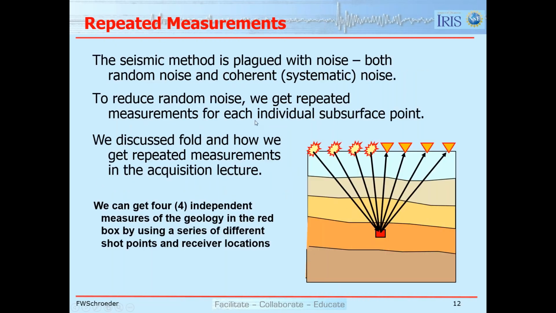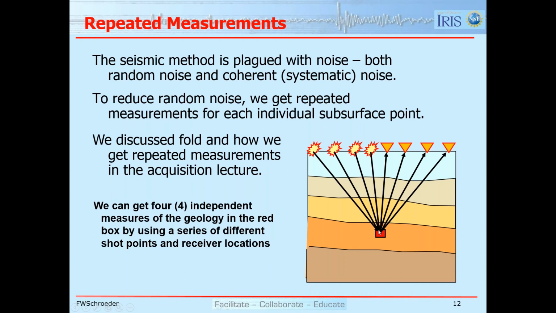I talked about the seismic method in a couple of the earlier lectures. The seismic method is plagued with noise, both random noise and coherent or systematic noise. One way we can reduce the random noise is to get repeated measurements for a particular point in the subsurface. As an example, I have a red box here, and what I can do is look for a shot that goes down and reflects off of this piece of the subsurface.